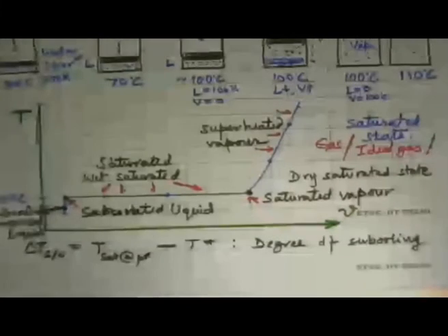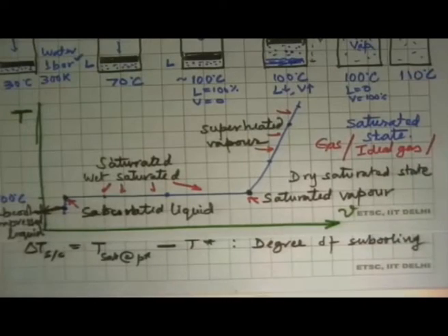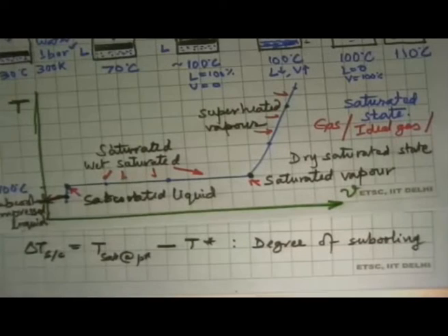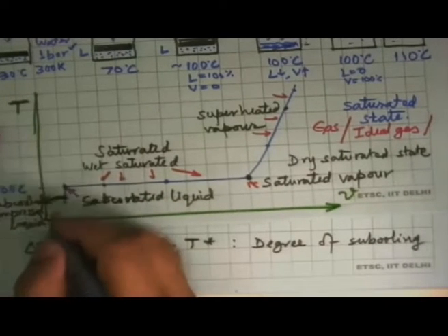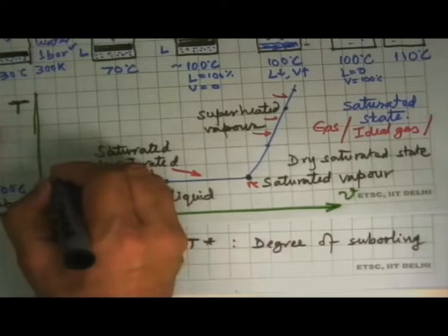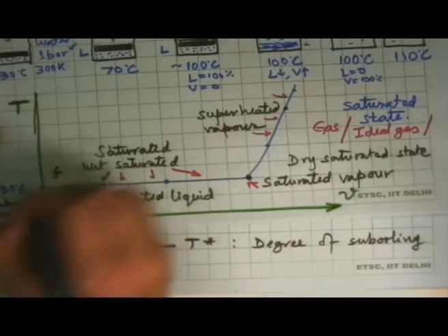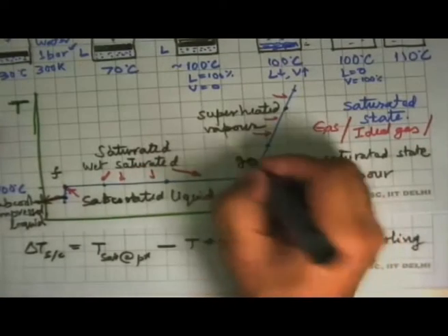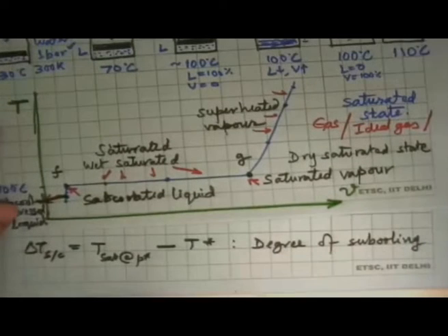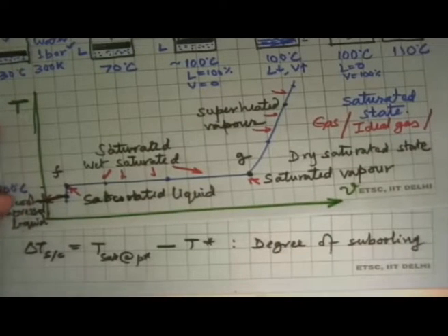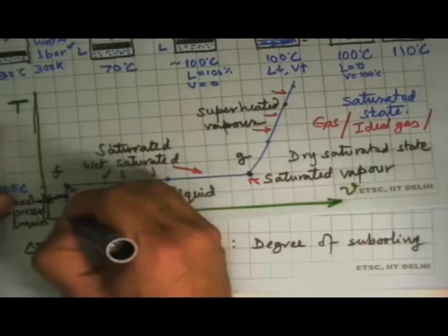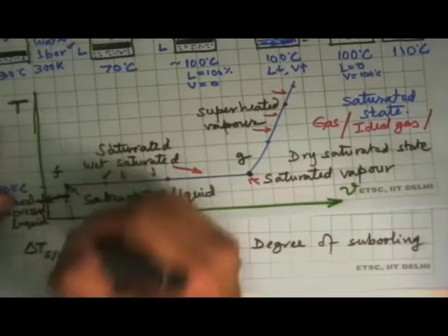We can say one more thing now that we have looked at specific volume. In this picture, we will denote the saturated liquid phase by a subscript f and this by a subscript g, fluid and gas. So specific volume at this point was this, specific volume here was this, specific volume here is this.